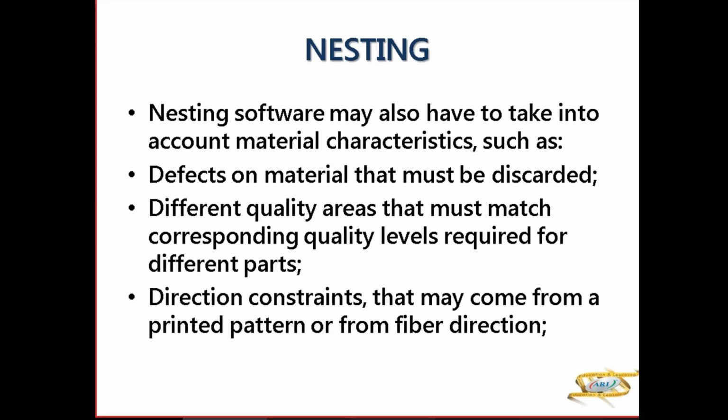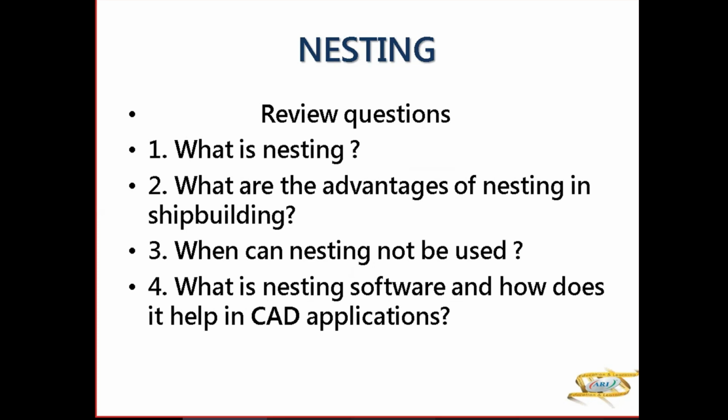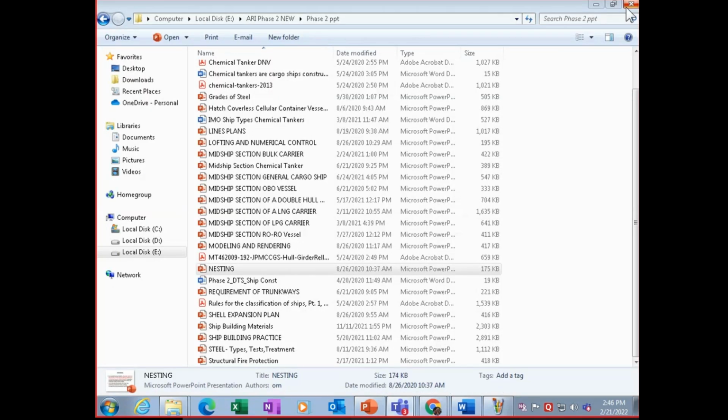Plus, if your direction constraints are there, if your fiber direction is changing, then also you cannot do nesting. So basically, ये computer-aided design में काम आता है. This is one of the softwares which we use in shipbuilding. And the next topic, what we'll do is lofting and numerical control, and then we'll do modeling and rendering.